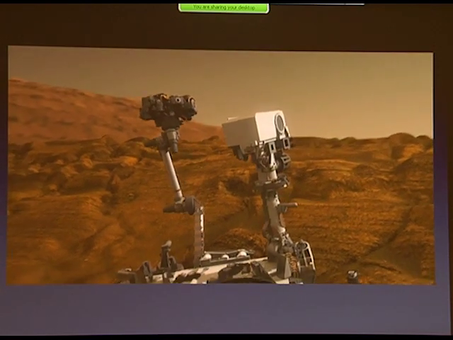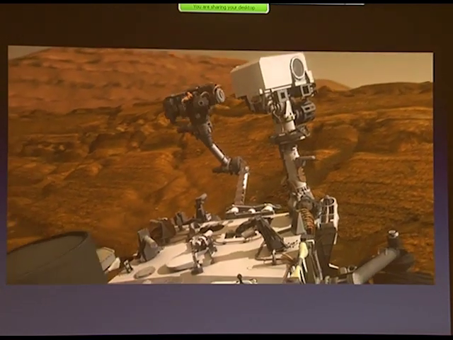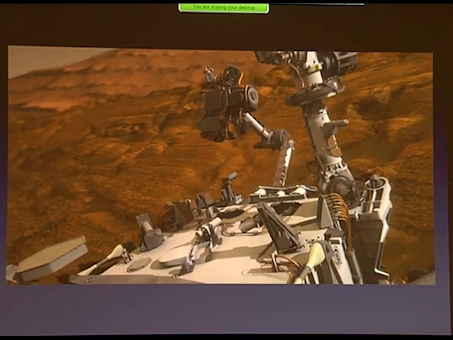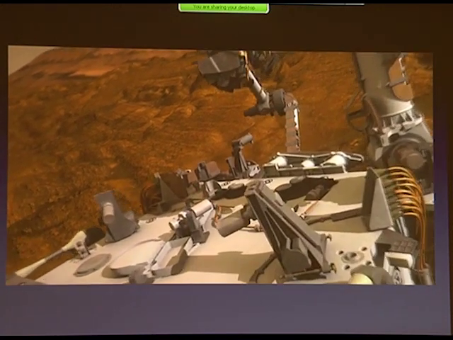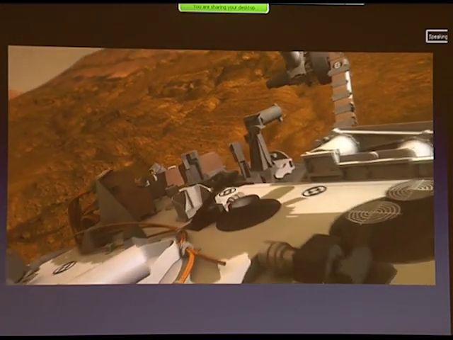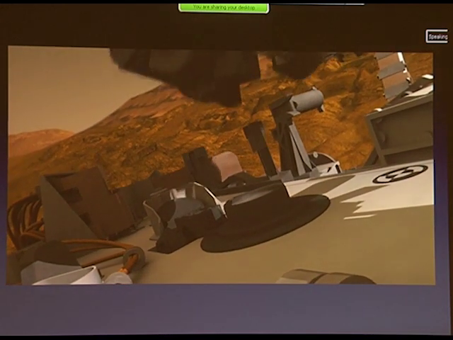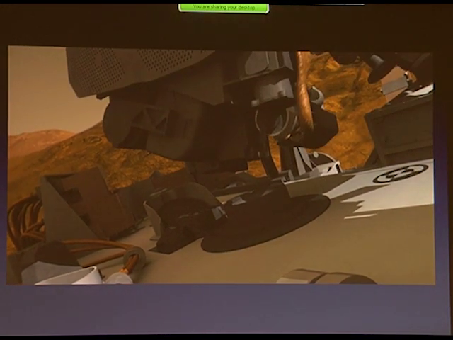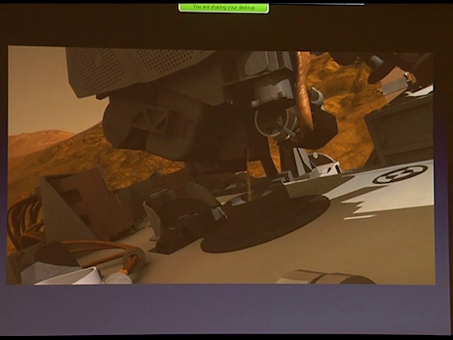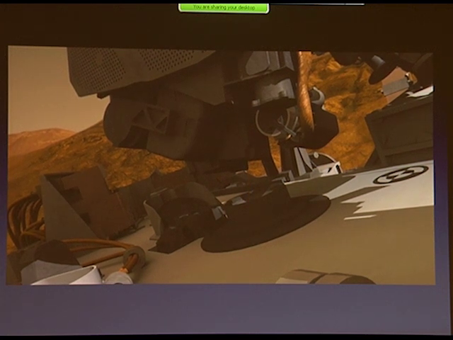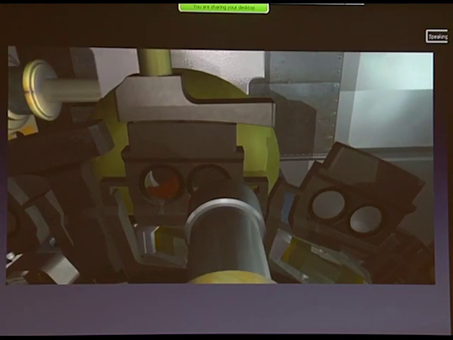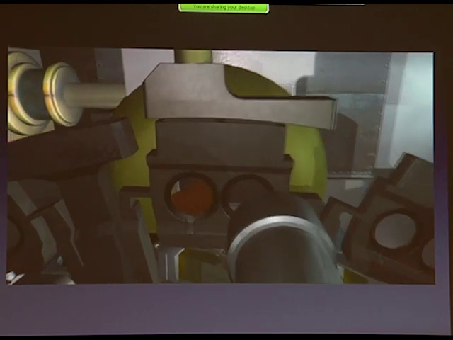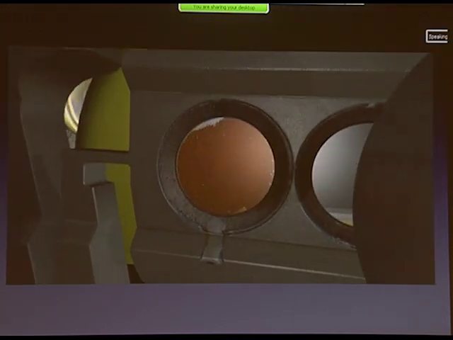Samples can be taken, and then you'll see these inlet covers open up. And we place the sample inside the inlet, inside SAM. And now inside the rover, we actually can do a lot of cool science on the sample that we take.